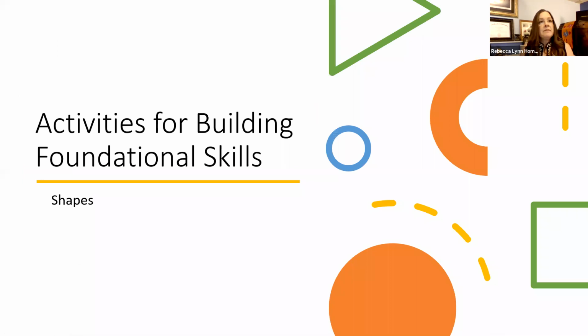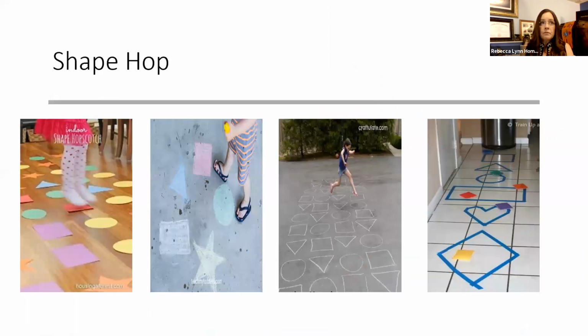Let's think about shapes, and shapes are very similar to colors in the way that we can address them. So again, we're going to see the shape hop, really close to our color hop, and we're going to do the same thing. We're going to just put out these different shapes and have some cards or some spinners, and we're going to ask our child to find the shape that we're identifying.